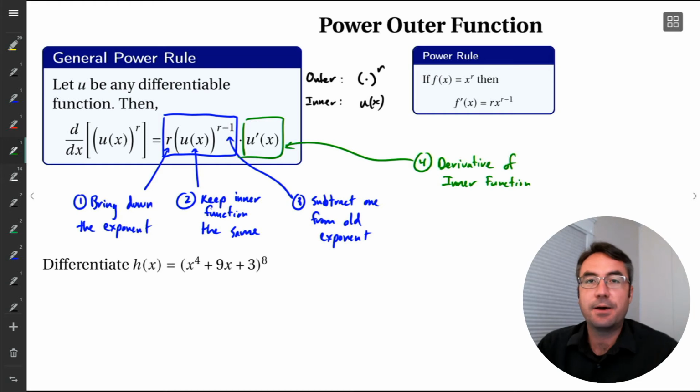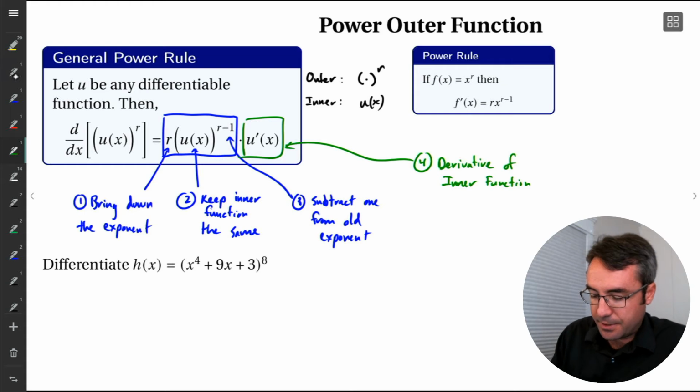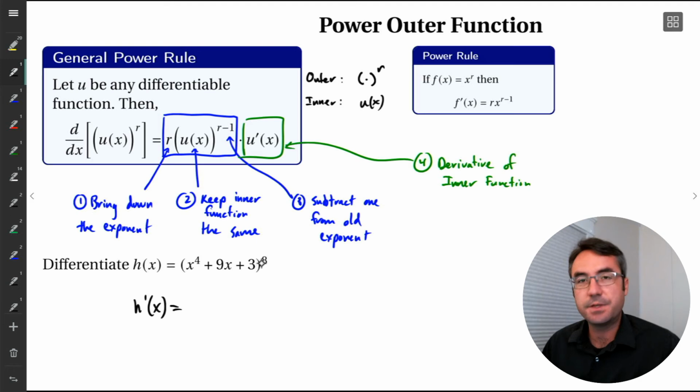All right, so how does this look in practice? Let's look at a function we've seen before. This was a composite function which we broke down into two pieces. The inner function was this polynomial, x to the 4th plus 9x plus 3, and the outer function was raised to the power 8. To calculate this derivative, we're using the general power rule.